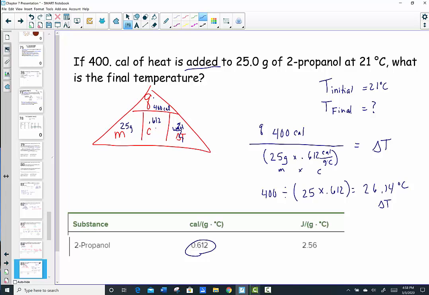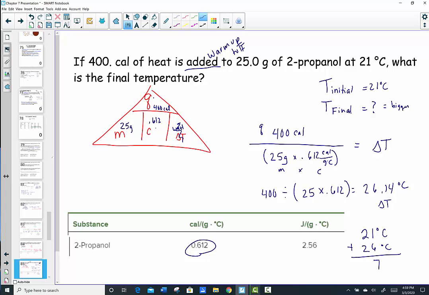And think about that. If the initial temperature started at 21 degrees and it warms up by 26 degrees, I'm going to keep the 2 sig figs we need anyway. Added to means it's going to warm up to the final temperature. This will be a bigger number because I'm warming it.